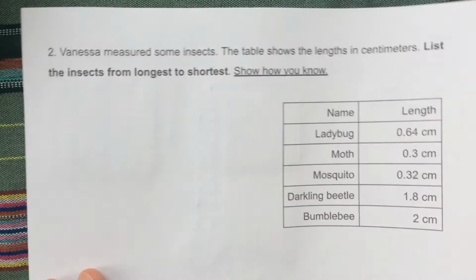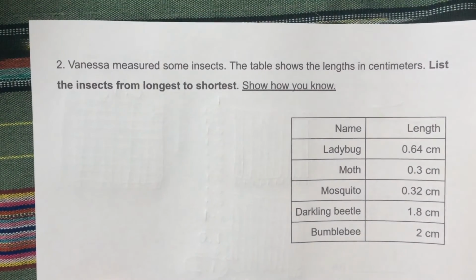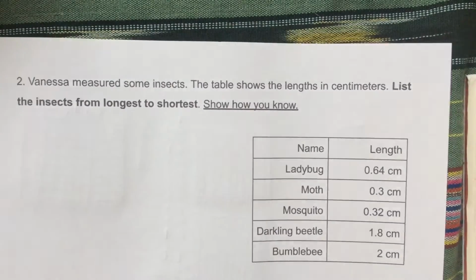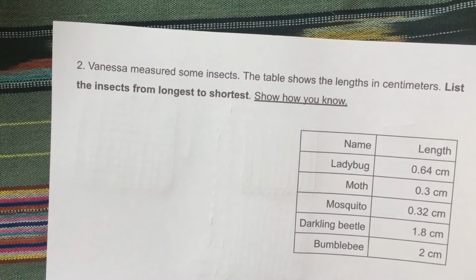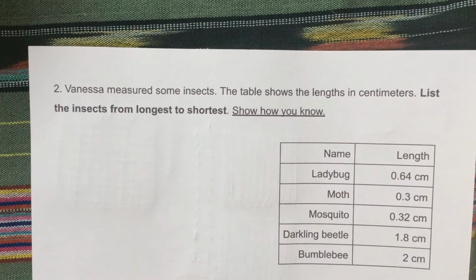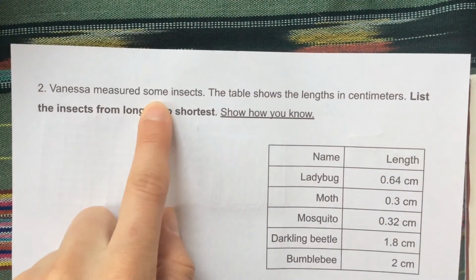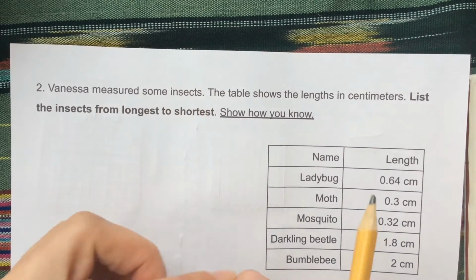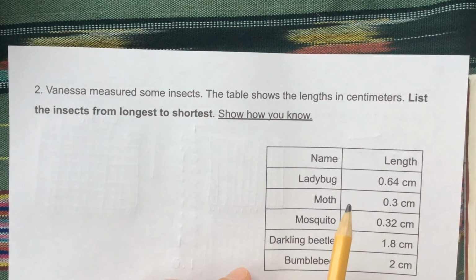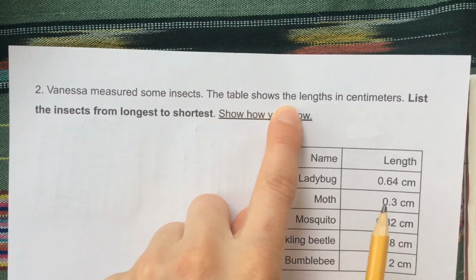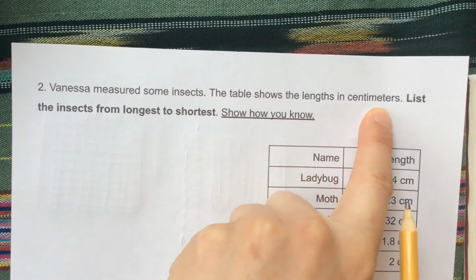Let's go over here on the back side of this exercise. And I'm not quite sure if y'all can see, so give me a second to check. Yes. So Vanessa measured some insects, meaning she used a ruler to see how long they are. The table shows the lengths in centimeters.